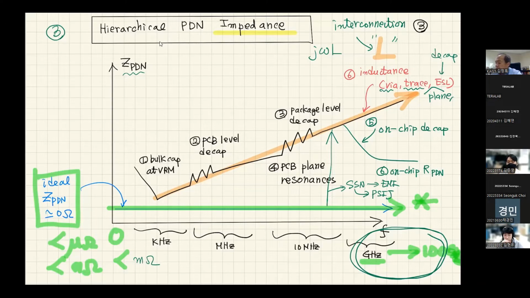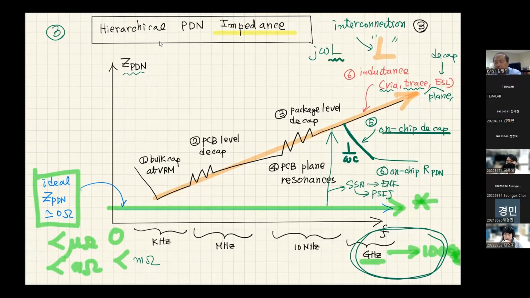Third part, I would like to show you is that if you add on-chip decoupling capacitors, you remember that impedance will come down. You remember that if you add capacitance in your power supply, inductance is really making the impedance higher and higher.